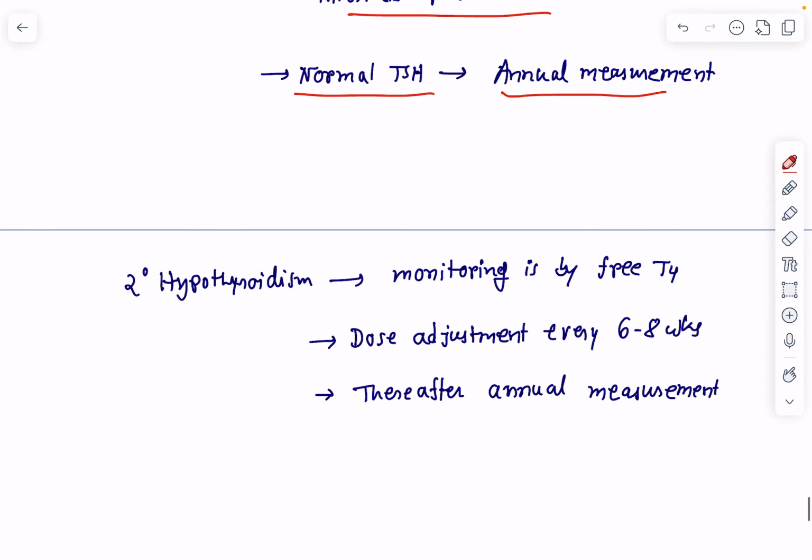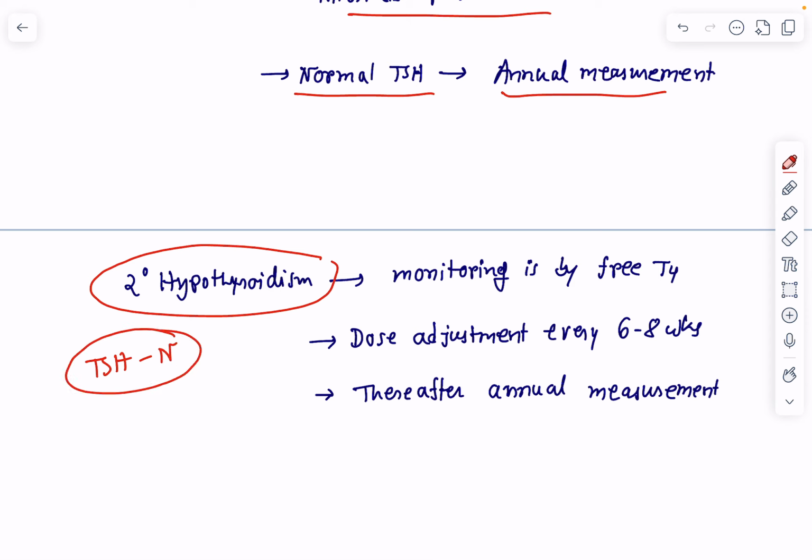But in cases of secondary hypothyroidism, we cannot depend on TSH for monitoring. As we say, TSH is usually normal in such cases. So we need to monitor such patients with free T4. Okay, we need to keep free T4 at least at the upper limit of the reference range, and dose adjustment to be done every 6 to 8 weeks.